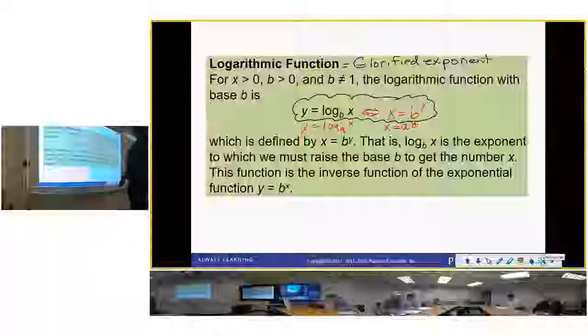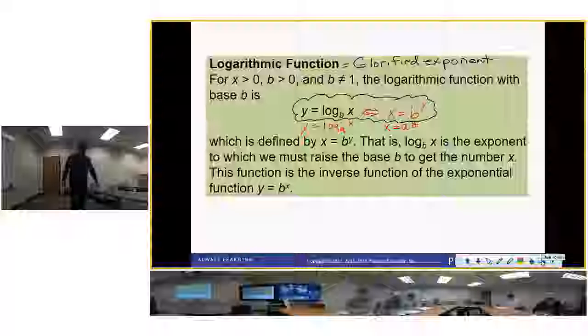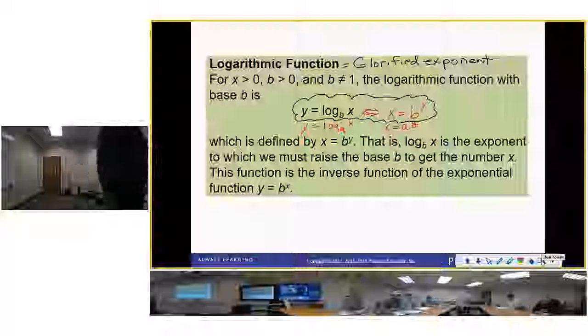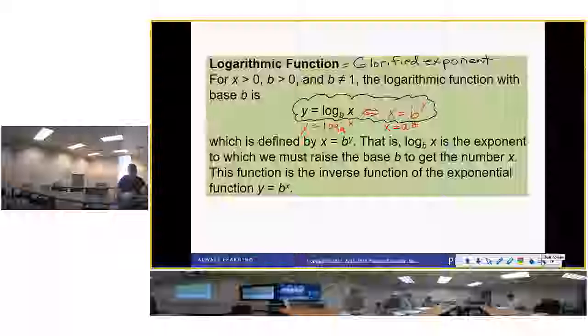A glorified exponent. Now, you will hear math teachers go into the derivation of why a logarithm is a logarithm, but for your purposes, it's a glorified exponent. Think of it as an exponent with his pinky up in the air, because that's basically what it is.